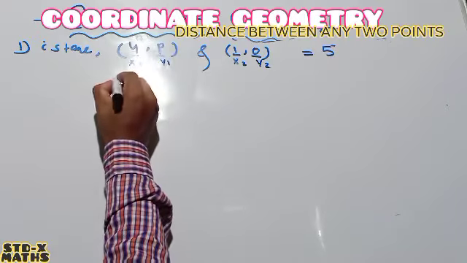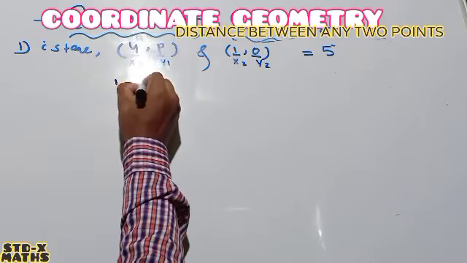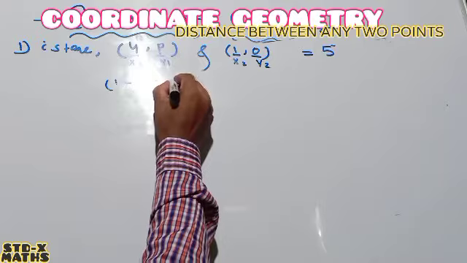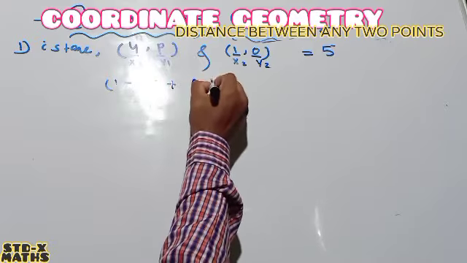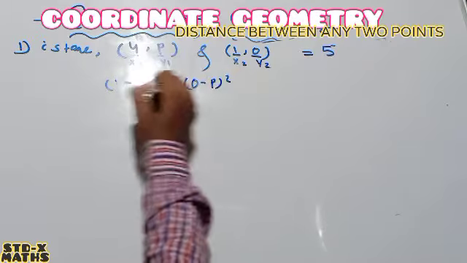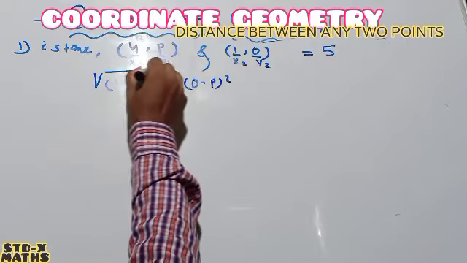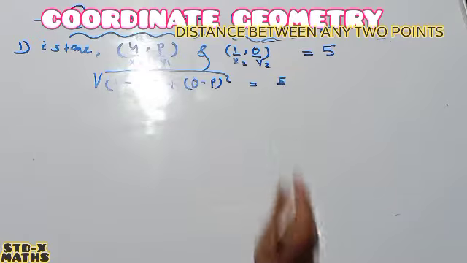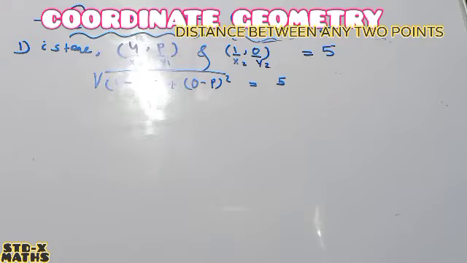Directly I am writing: 1 minus 4 squared, that is x2 minus x1 squared plus y2 minus y1 squared, all under the root, is equal to 5.